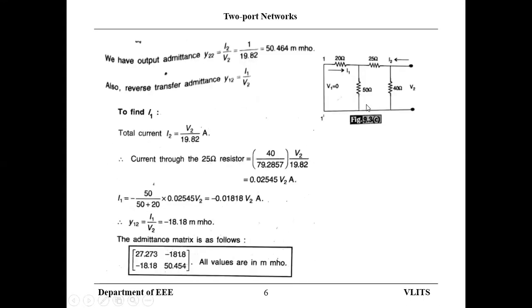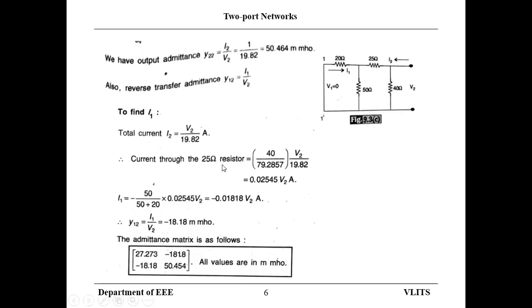Now here also you have to apply the current division rule, but not only for two branches, because here there is one series, a second series and a third series connection. That's why you have to apply it step by step.